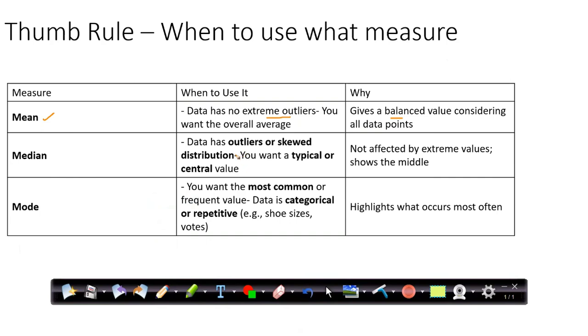So you would not go for mean because that's affected. So in this case, you would go for median. And mode, in this case, if your data is categorical, that means no numbers, they're represented as categorical data, or you're interested in knowing what is the most common pattern, then you would go for mode. So that's about central tendency, mean, median, and mode.